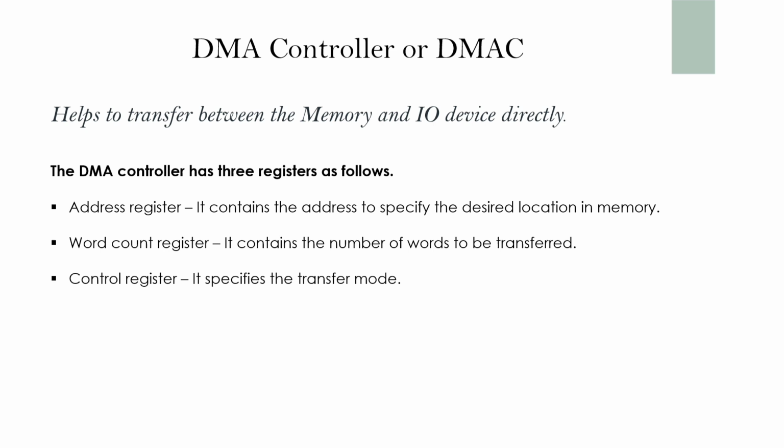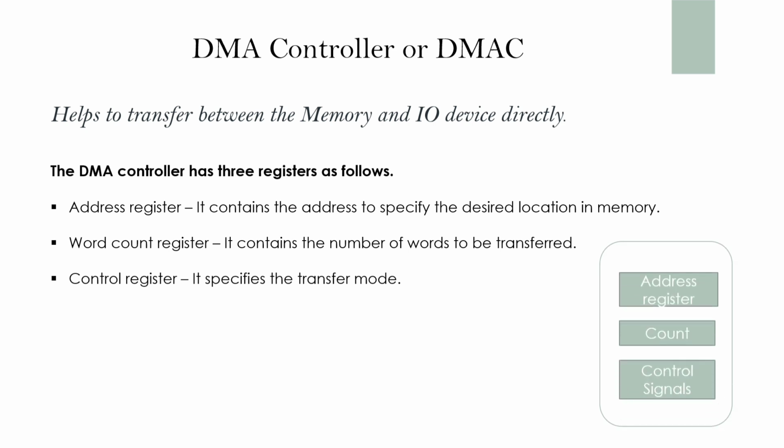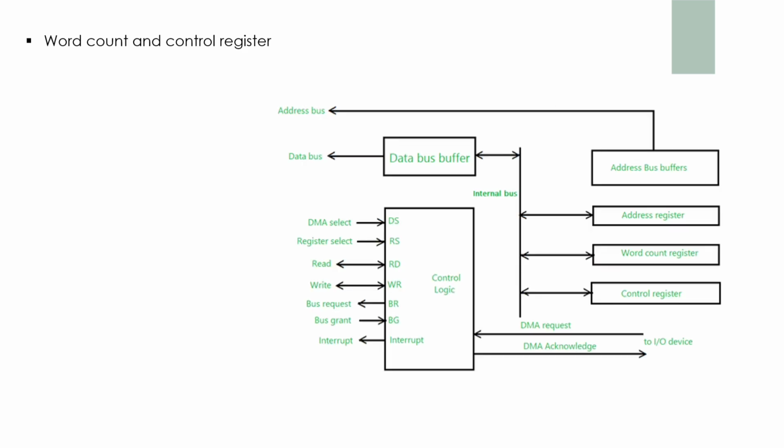As we can see in the figure, there are many components. The first, DS, that is device select, which is used to select the device. Register select, RS, which is used to select the register. RD, read signal, and WR, write signal.